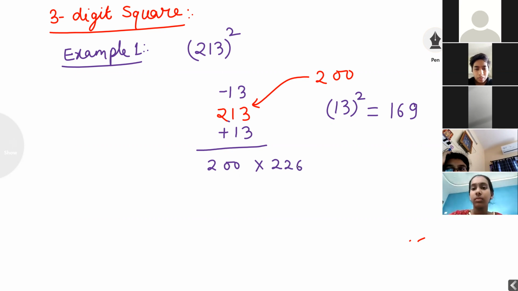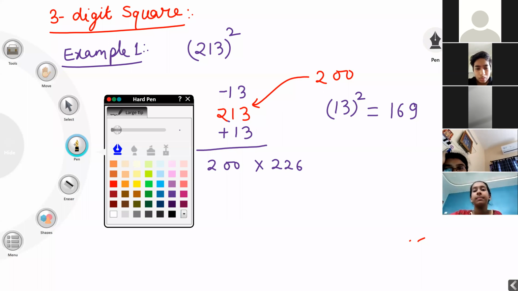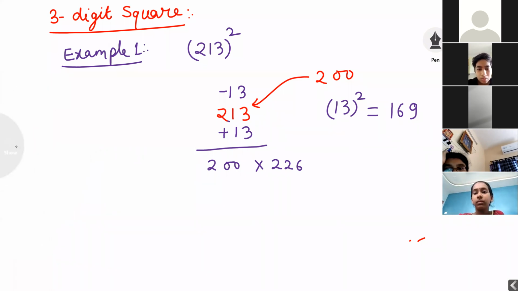Listen carefully what I have done here. First step, I want to make this number 200. I have subtracted and added 13. Then 213 minus 13 has come 200. Next, 213 plus 13 has come 226. Now 200 into 226.